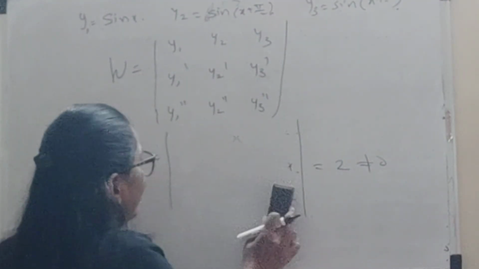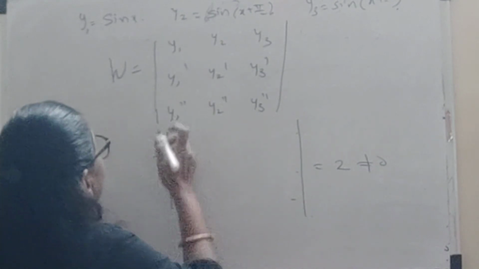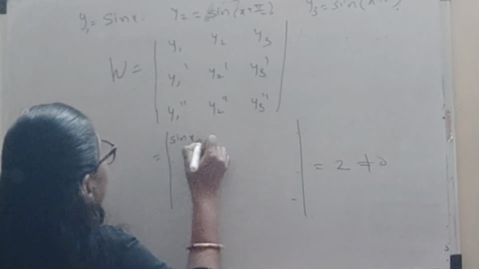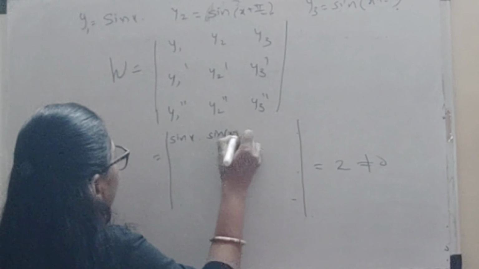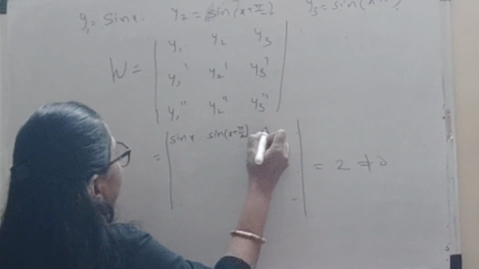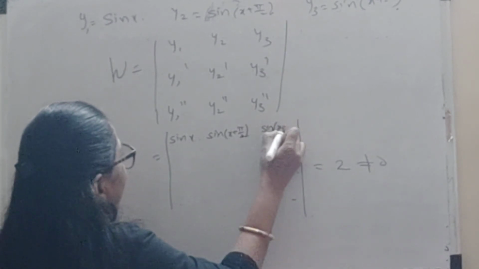Now we put here y1, y2, y3: y1 is sin x, y2 is sin of x plus pi by 2, and y3 is sin of x plus pi.